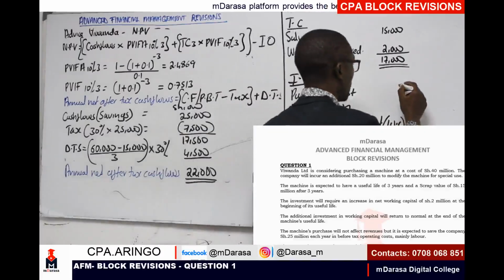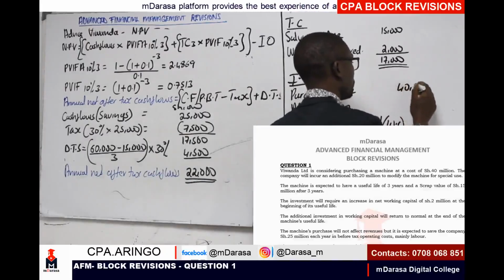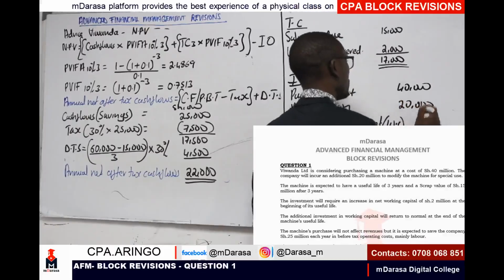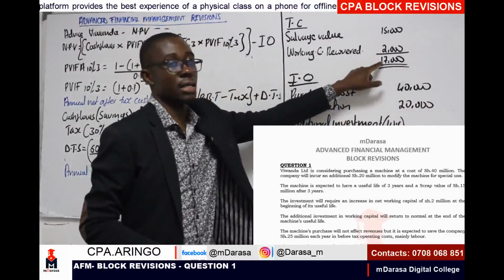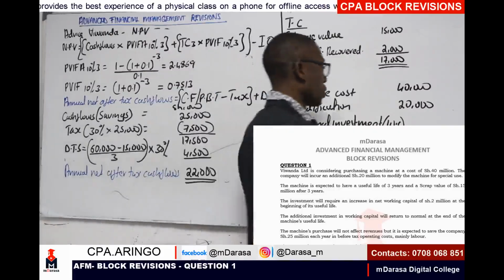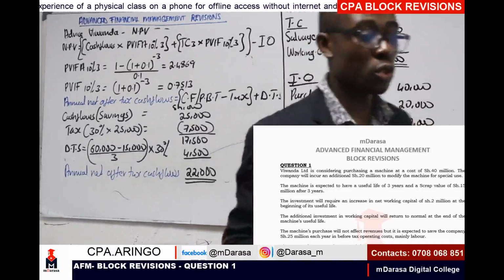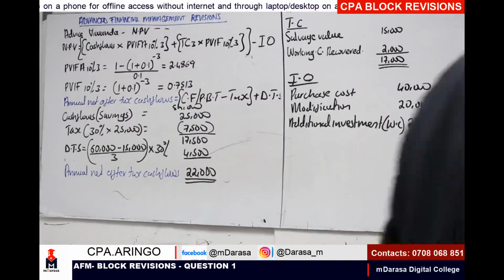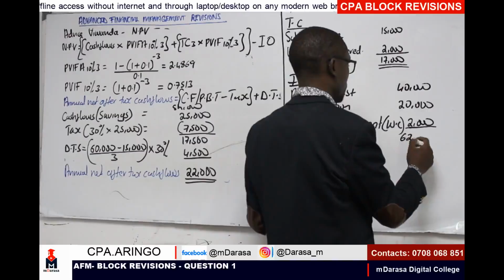So we're having the aspect of 40 here. Recall the 40. I'm having modification 20. Working capital, the one that we incurred at first, which you're going to recover, is 2 million. So if we are to talk of our initial cost, I should be having the value of 62 million here.